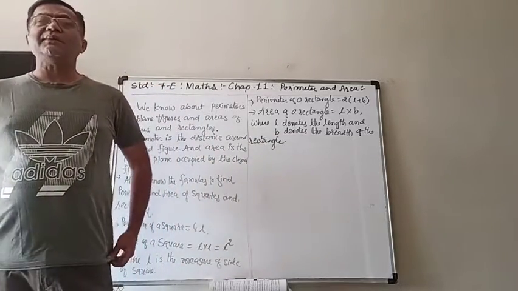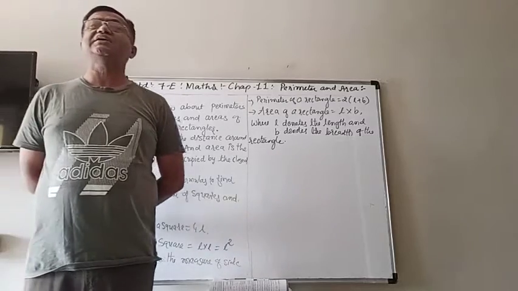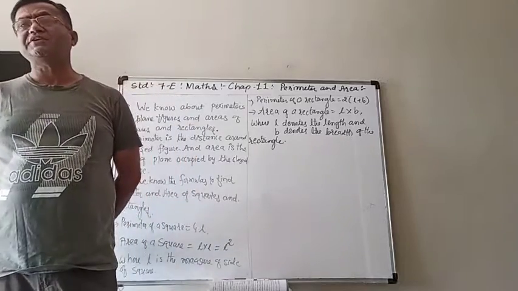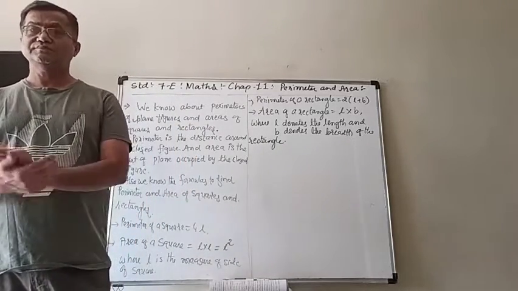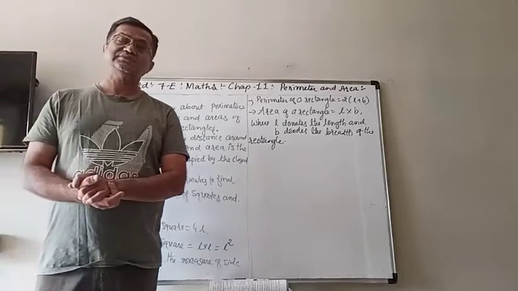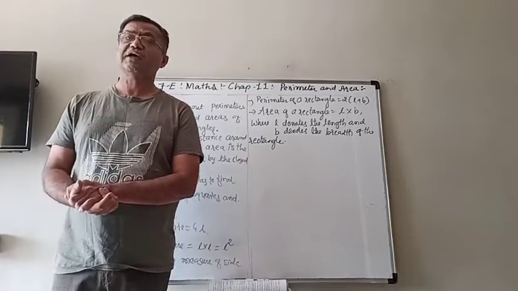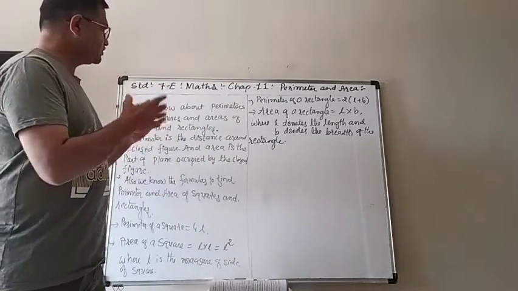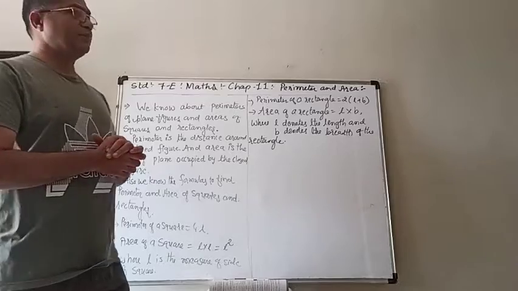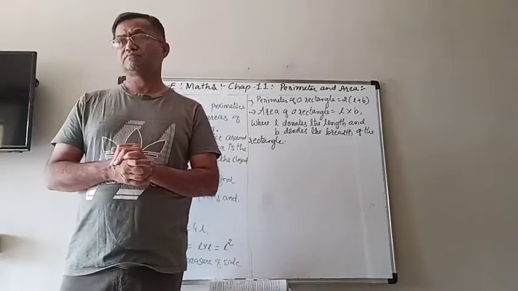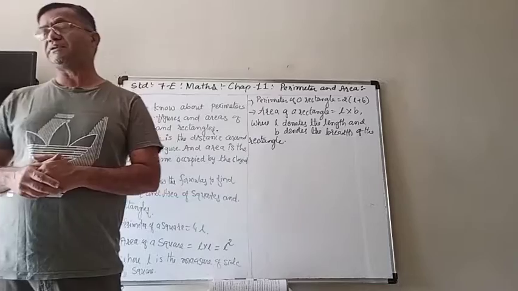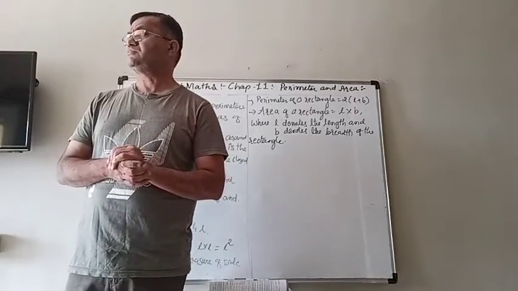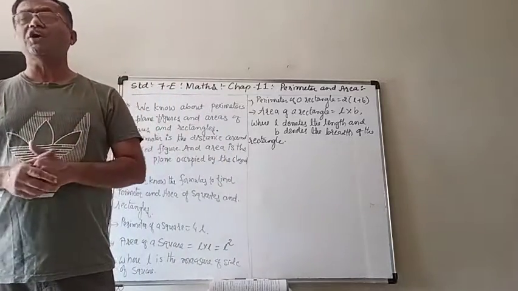Everybody learned in standard 6th about the perimeter and area of squares or rectangles, etc. We know that polygons are closed figures made from line segments. And if all sides have the same length, they are known as regular polygons.